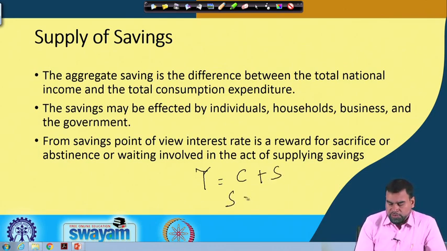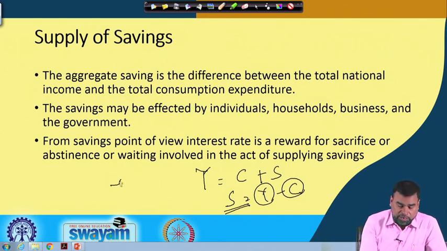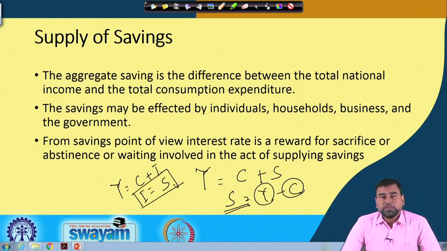Then your savings is equal to Y minus C, that means total income minus total consumption is equal to the savings. That is the saving-investment identity we make for the equilibrium. Sometimes we write Y is equal to C plus I. Then, obviously, I is equal to S. So, if saving-investment equality happens, that is the equilibrium which can be established.